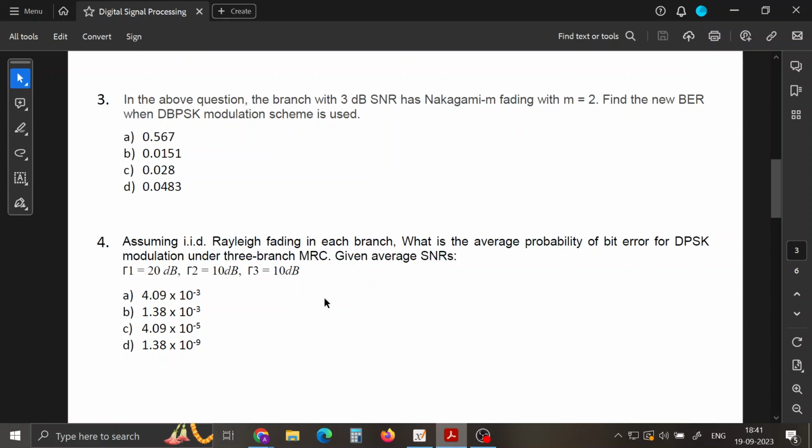Assuming IID, independent and identically distributed Rayleigh fading in each branch, what is the average probability of bit error for DPSK modulation under 3 branch MRC?